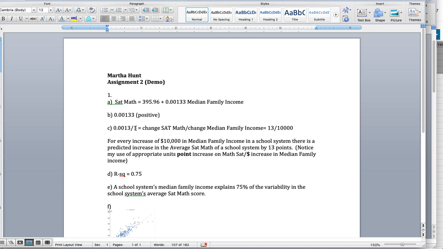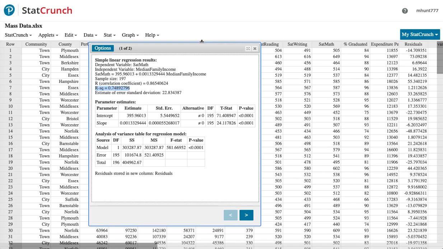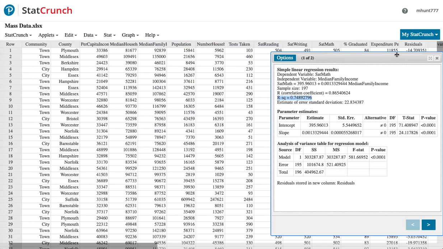When we speak about changes in median family income, we're talking about thousands of dollars. In fact, if we go back to our data and scoot this aside, median family income is $13,000, $116,000, $78,000.